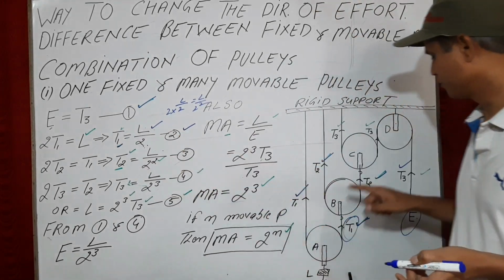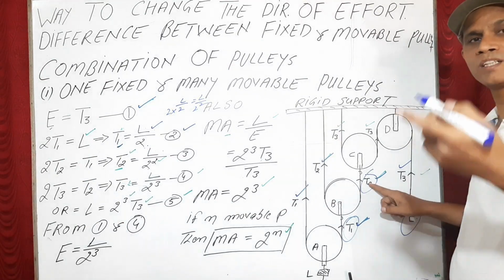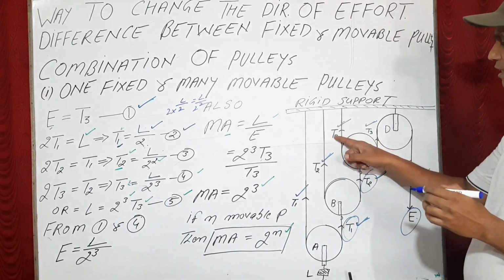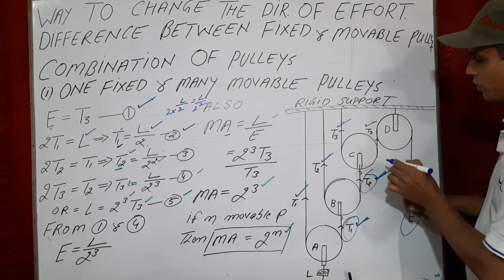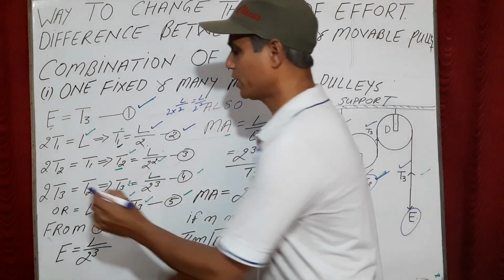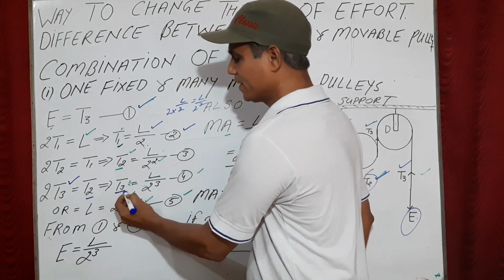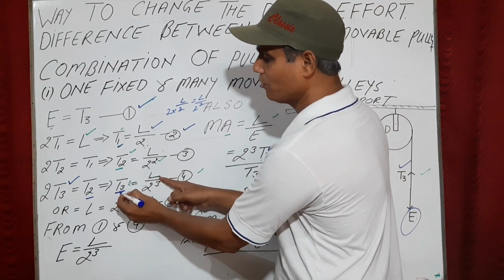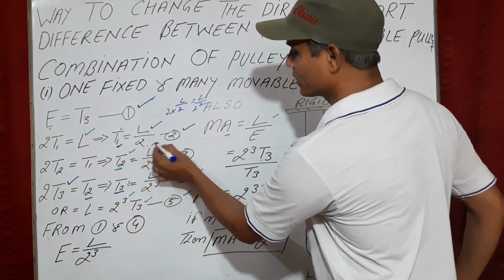Now again see, this tension T2 is supported by further two tensions, this T3 and T3. So T3 plus T3, 2T3, and it supports T2. So 2T3 is equal to T2, which implies T3 is equal to T2 by 2, and the value of T2 is this.